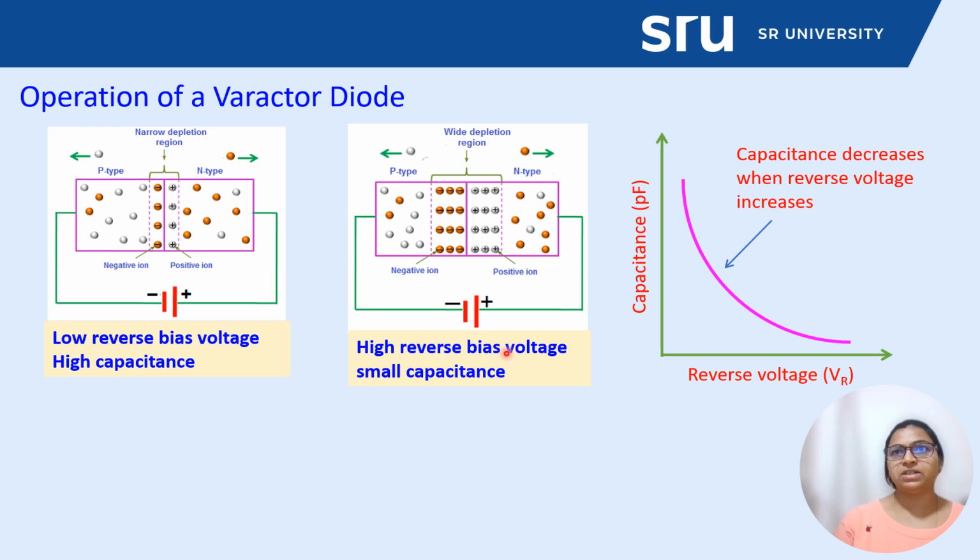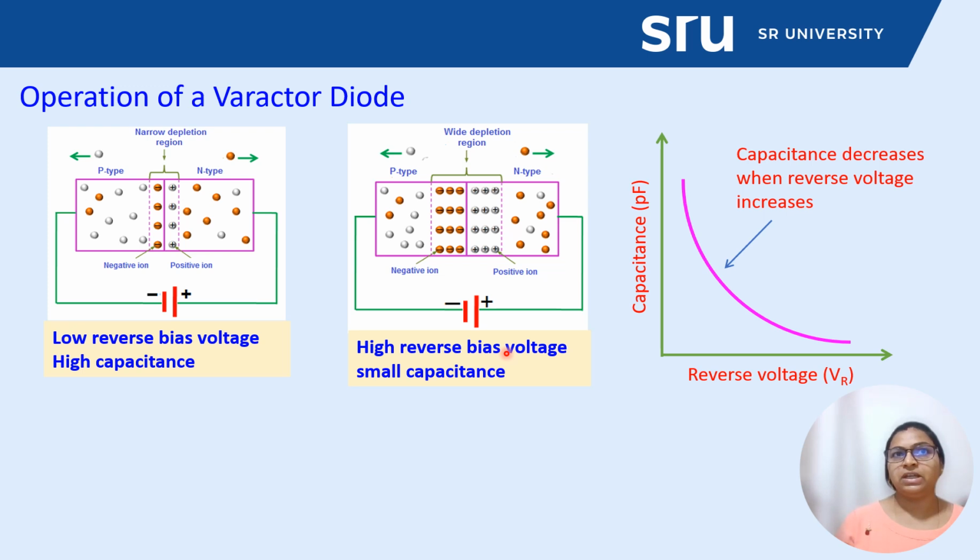Thus, the capacitance or transition capacitance can be varied by varying the voltage. In a fixed capacitor, the capacitance will not be varied, whereas in variable capacitors, since we mentioned that the Varactor diode is used as a variable capacitor, the capacitance is varied.